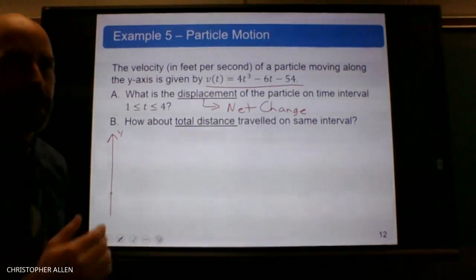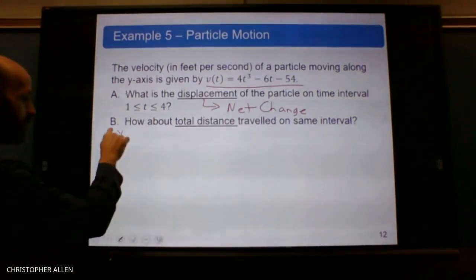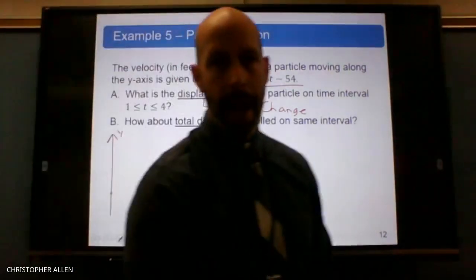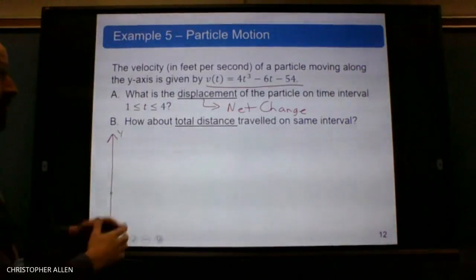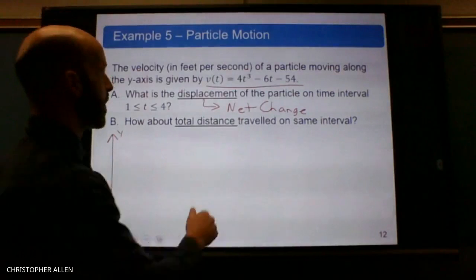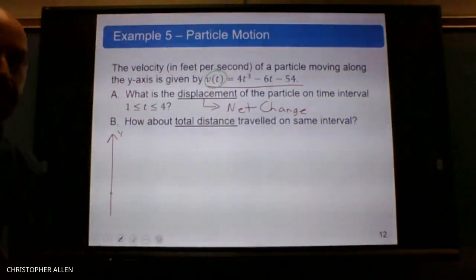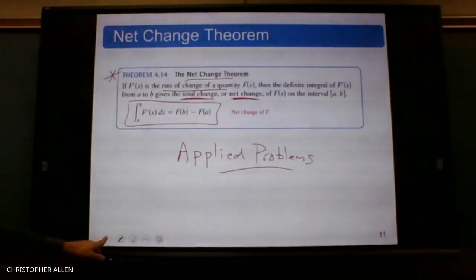We don't even know exactly where it's at. But we just know that this particle is either moving vertically up or vertically down. The position of this particle is not given. The only thing that's given about this particle is its velocity. So if I want to find its displacement, I just got to use this net change theorem.